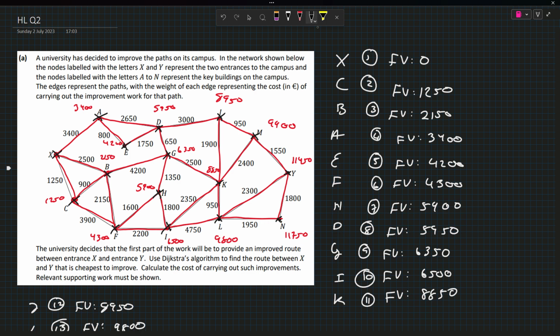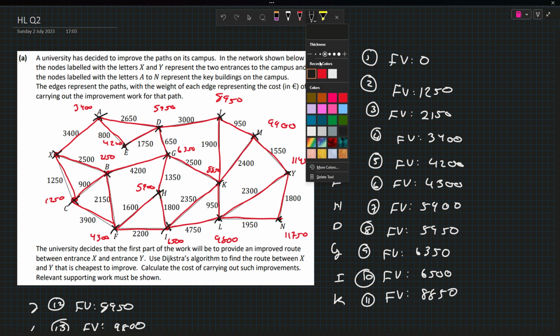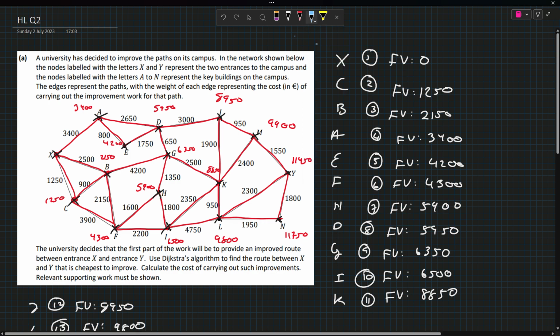The second part of the algorithm is going backwards. So, for this, I'm just going to select a different color temporarily. So, I'm going to select, let's say light blue. So, in going backwards, well, 11,450 minus 1,800 is not that. 11,450 minus 2,300 is not 9,800, but we know that 11,450 minus 1,550 is 9,900.